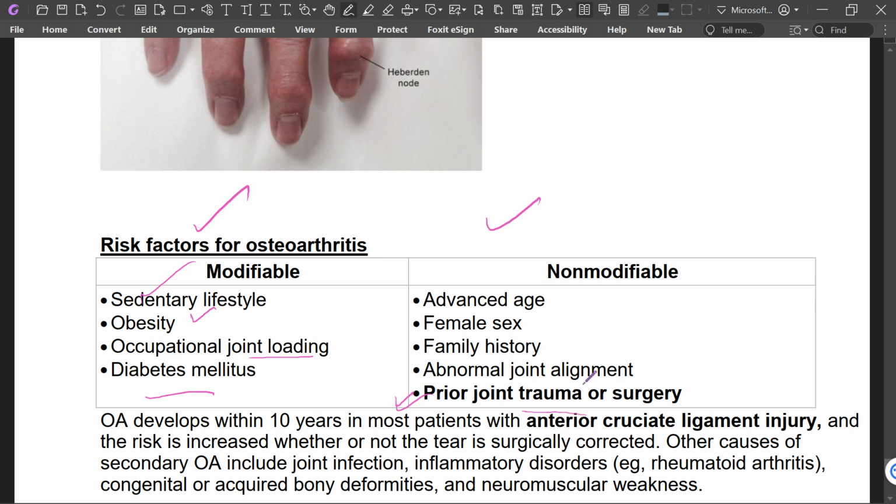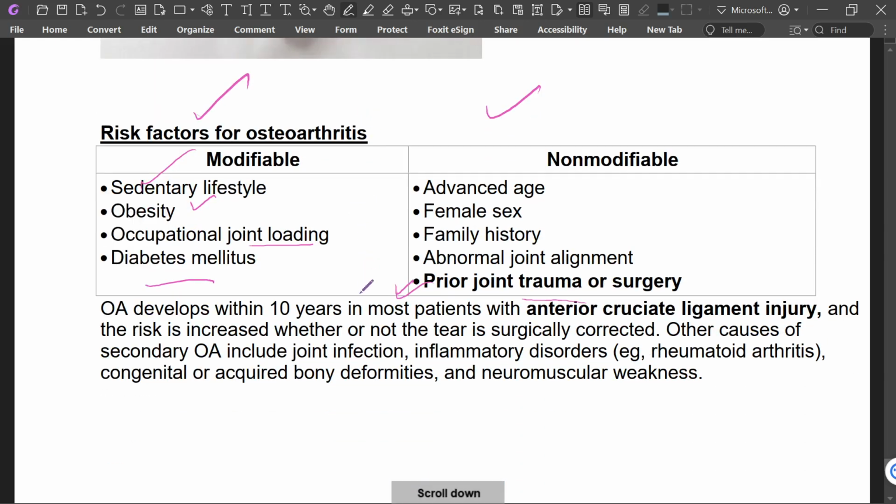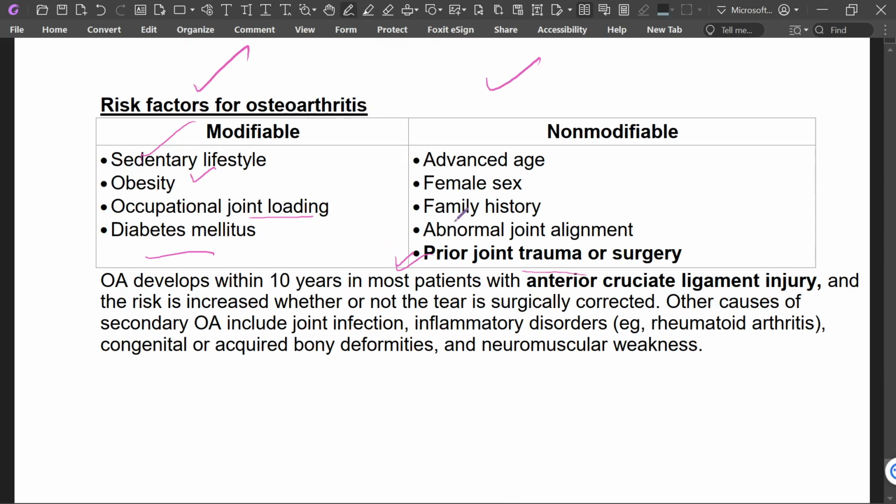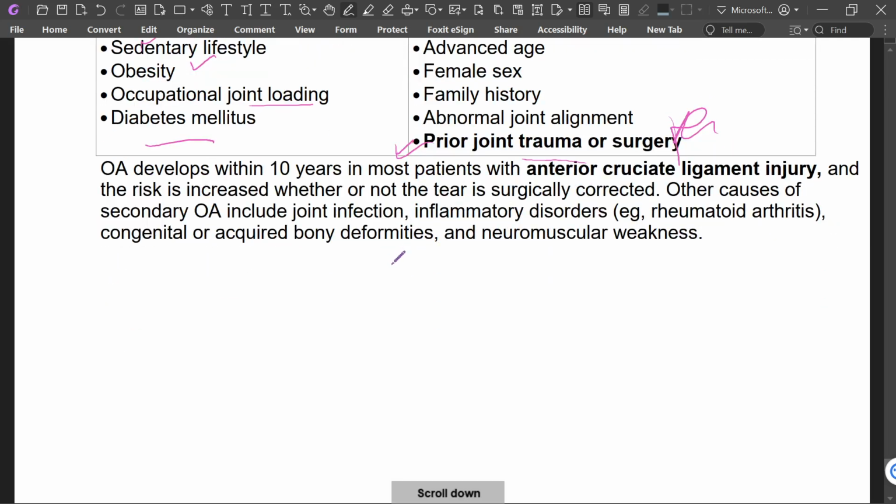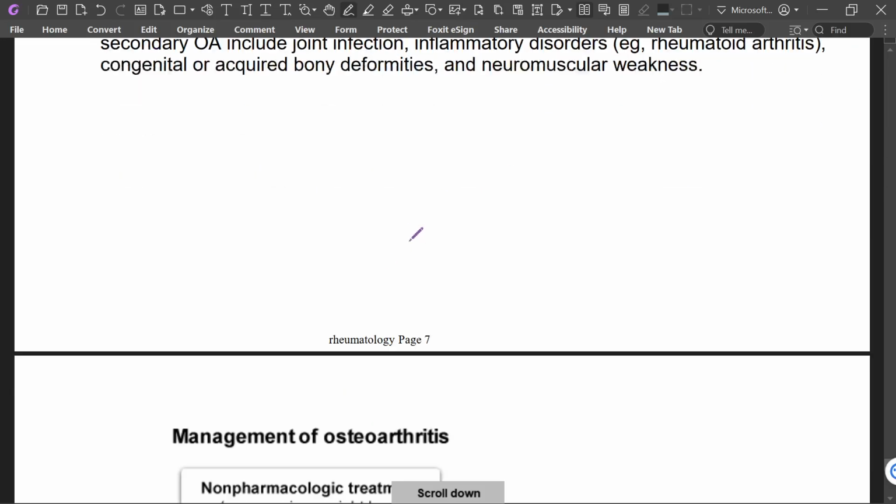This is high yield: most patients with anterior cruciate ligament injury have the propensity of developing osteoarthritis within 10 years. So prior joint trauma or surgery is a very high yield risk factor for osteoarthritis.